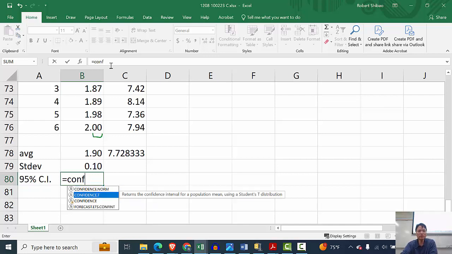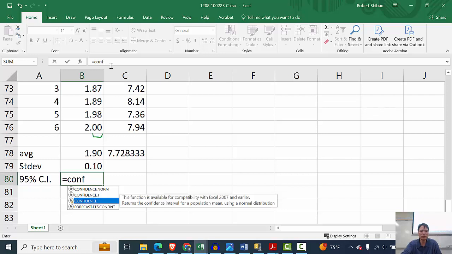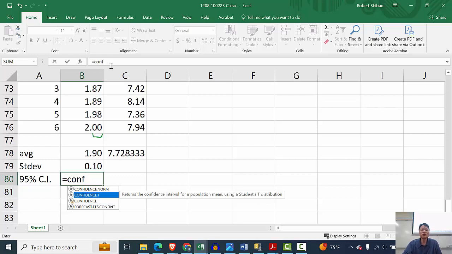The next one is CONFIDENCE.T. It returns the confidence interval for a population mean using a student's t distribution. And then we have CONFIDENCE, which is no longer used here. So we only have two. We're going to use the student's t distribution, not because you're students. It's because this mathematician's pen name was Student, I think.